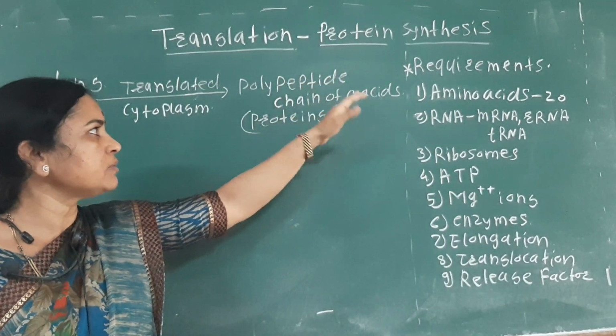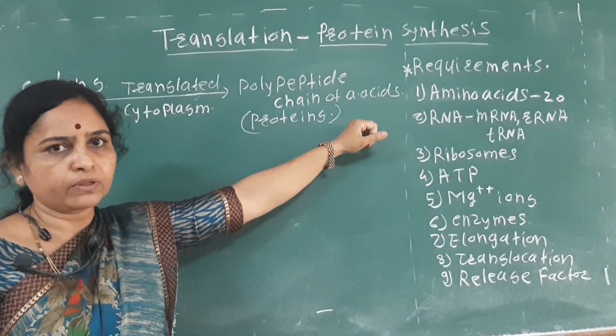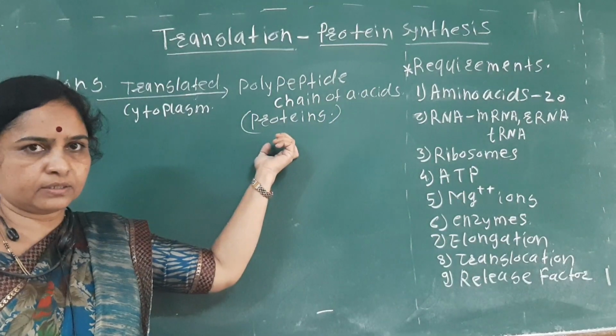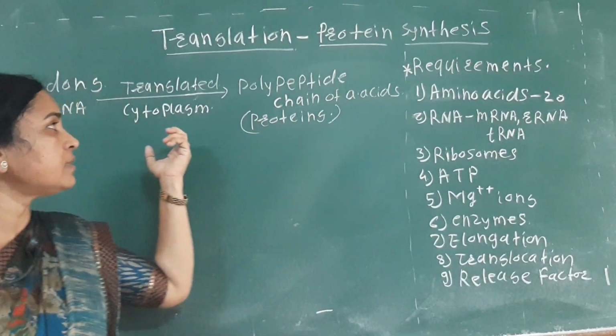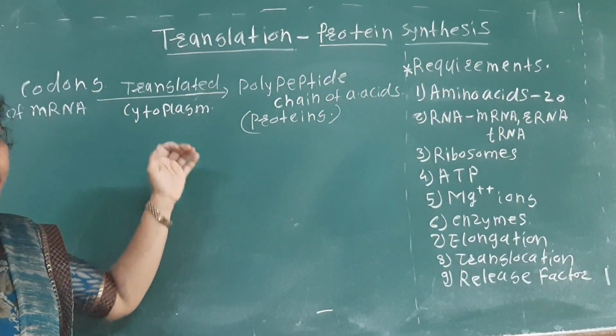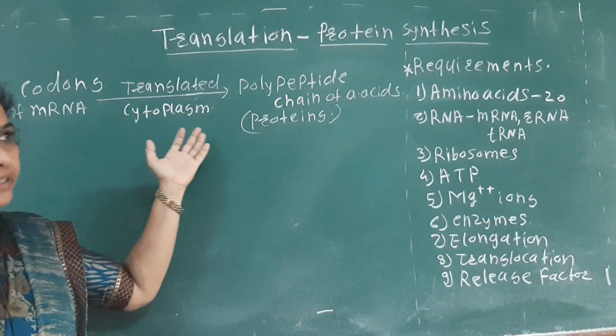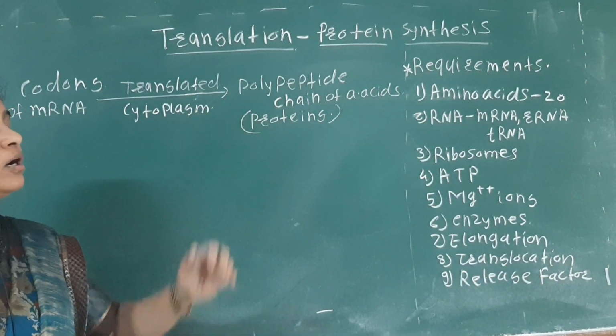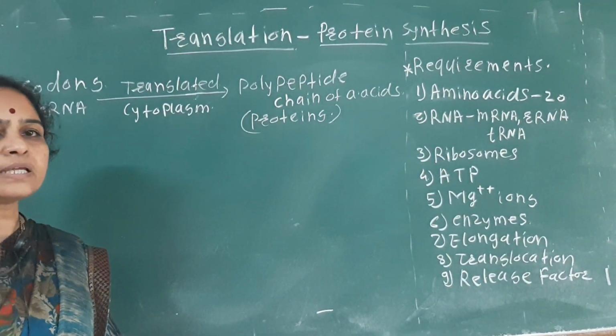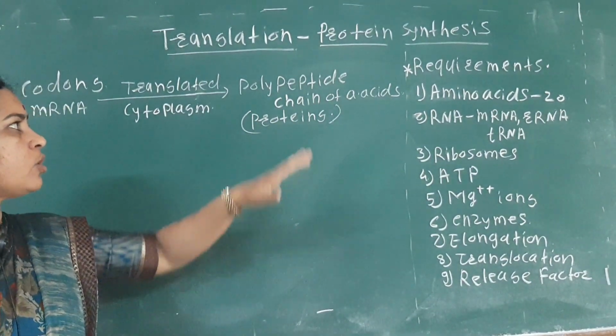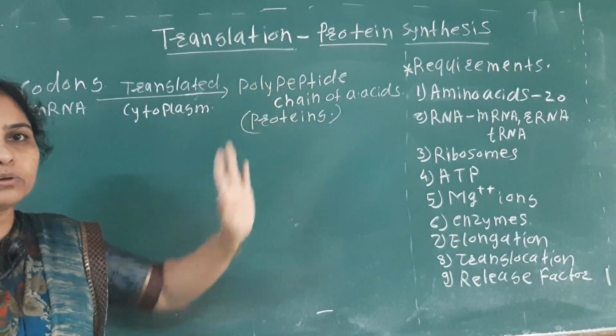A polypeptide chain will be formed. It is nothing but the protein. So this process is translation, during which protein synthesis takes place, with the formation of a polypeptide chain of amino acids.